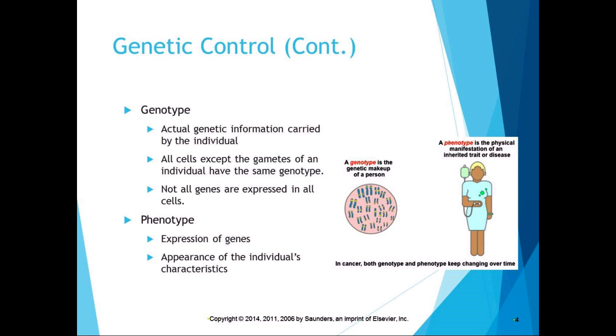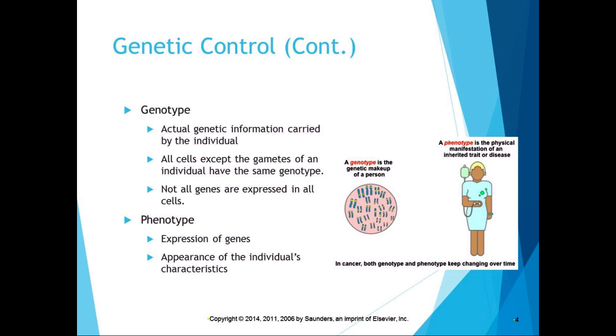The phenotype is the expression of the gene. So it's the actual physical manifestation of an inherited trait, or in the case of genetic diseases, the manifestation of the disease. It's how the genes are expressed and the individual's characteristics. As a way of remembering it, the genotype is what you're dealt, and the phenotype is how you deal with it.